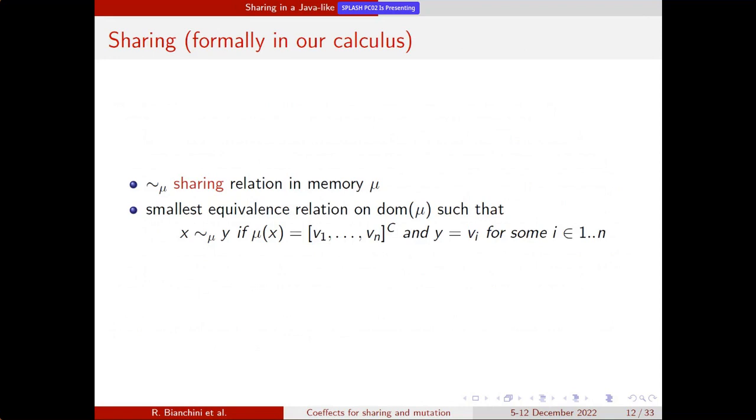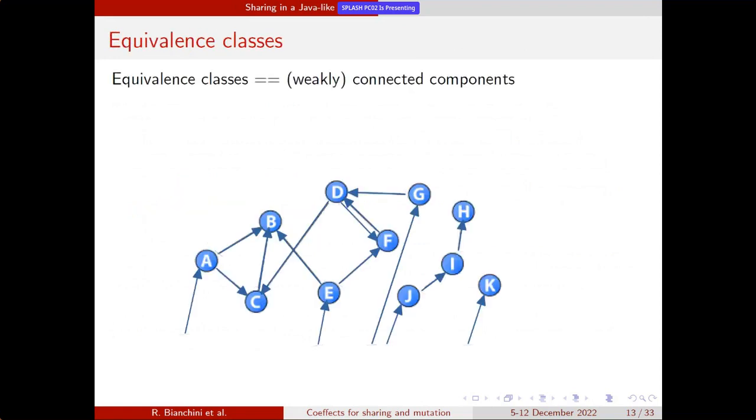But of course, this is an equivalence relation, so it also needs to be symmetric and transitive. If you reason about this, our little definition turns into dividing the memory, the heap, into equivalence classes that correspond to the weakly connected components.